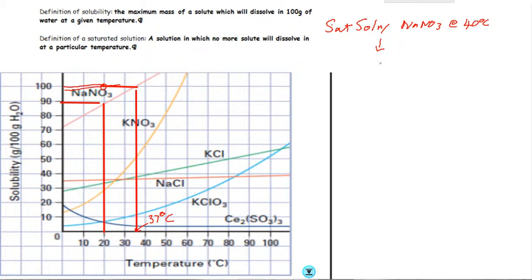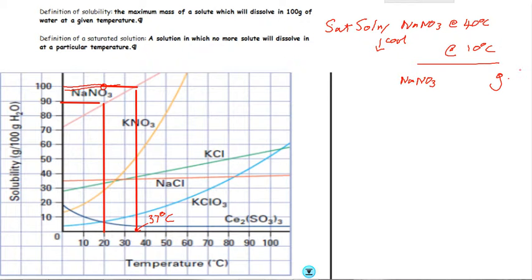The examiner then says, we take that saturated solution and cool it down to 10 degrees Celsius. What mass in grams of sodium nitrate would you have sitting crystallized out at the bottom of your beaker?